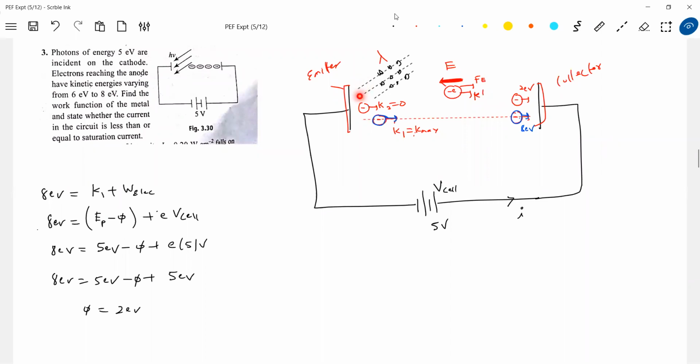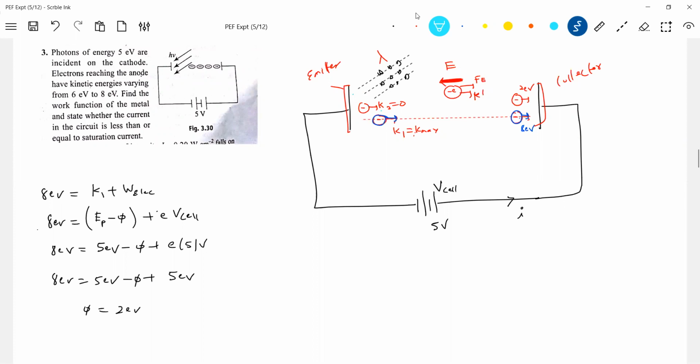Those electrons which are ejected with zero kinetic energy, when they get accelerated by this electrostatic field and strike the collector, how much energy must they have? Will the zero-energy electron reach the collector?